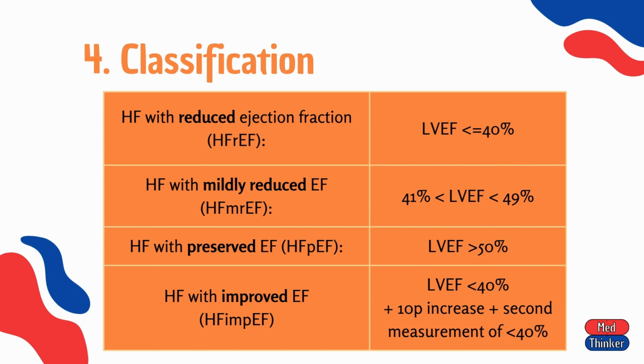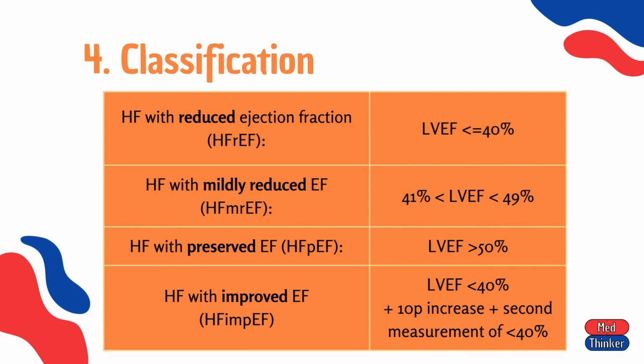So very often you will see patients who are diagnosed with HFrEF, and that stands for heart failure with reduced ejection fraction, and that's defined as under or equal to 40%. Then we have heart failure with mildly reduced ejection fraction, and that is between 41% and 49%. We then have preserved ejection fraction heart failure, which is where the ejection fraction is over 50%.